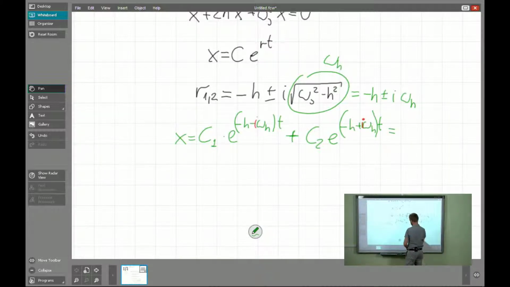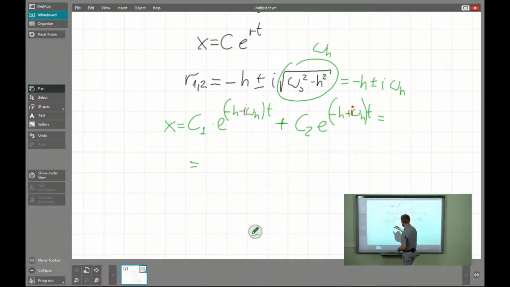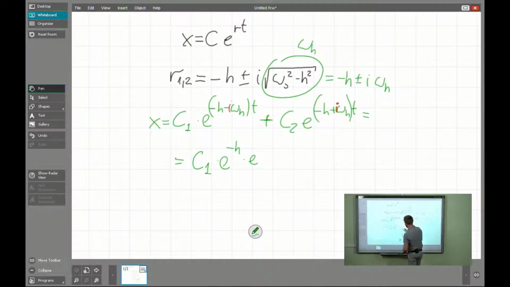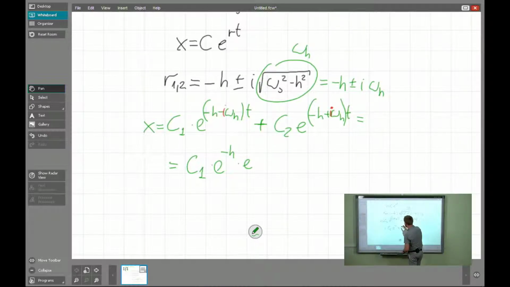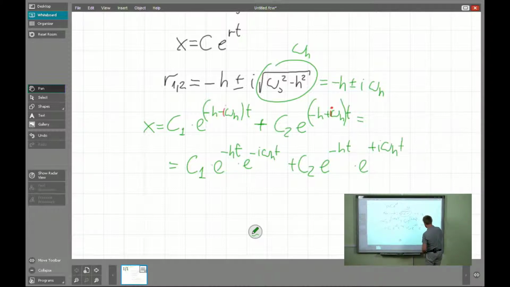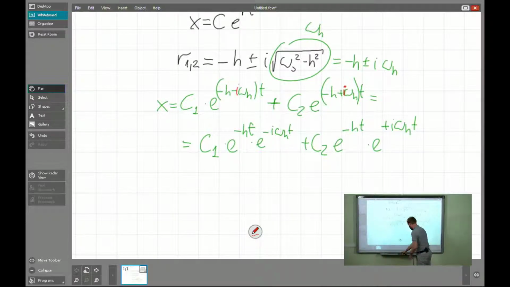Due to the rules of dealing with powers, the sum in the power will be the product of the powers, and we are getting e to the power minus h t times e to the power minus i omega h t, and the same is visible here with e to the power plus i omega h t. We see that we have the common factor here.